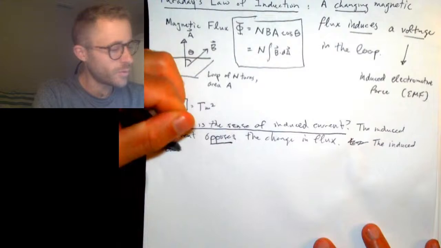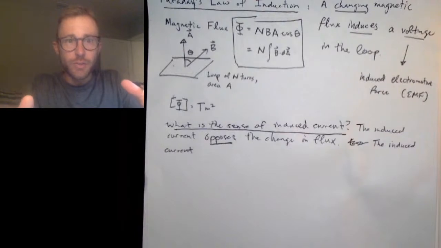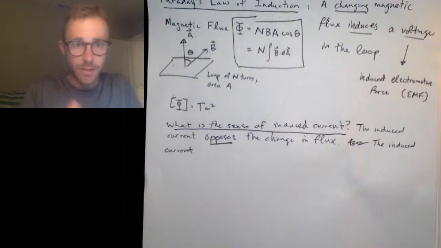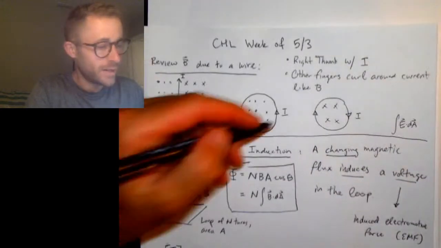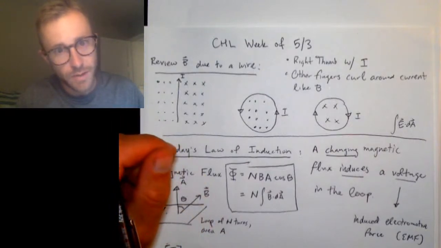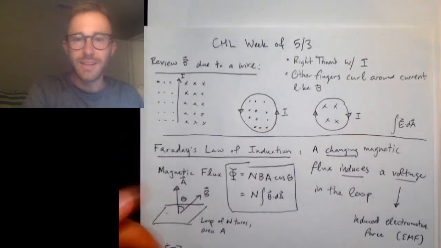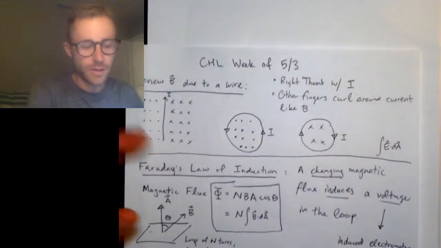Basically what will happen is there's an external magnetic field, and the external magnetic field changes. And then the loop says, I don't like the magnetic field to change. So there's going to be an induced current, and the loop will make its own magnetic field that attempts to cancel the change. So that's how it works: the loop will have a current that cancels the change. It won't completely cancel it, but it'll partially cancel it.